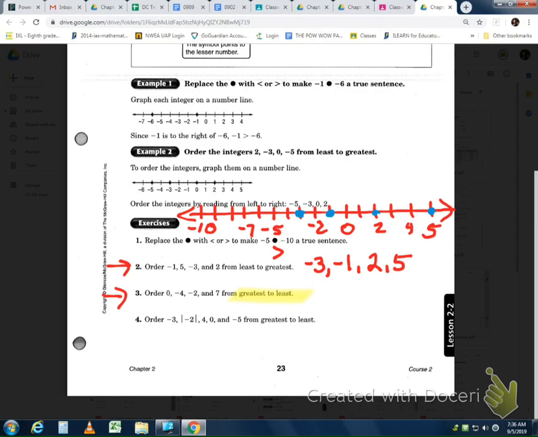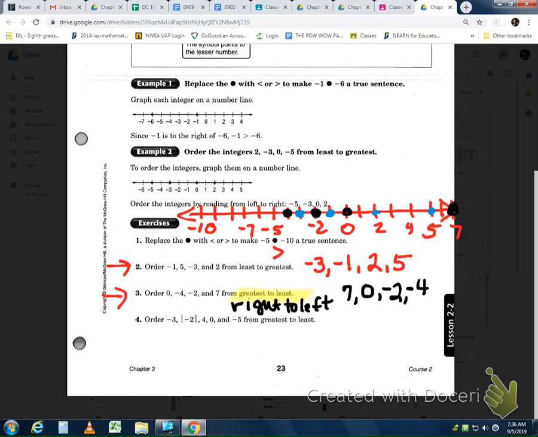So we've got 0, -4, -2, and 7. I don't even have enough on my graph for that, so let me add a couple over here, and we'll put the dot at 7. It says from greatest to least. Greatest to least would be right to left, and that would make 7, 0, -2, and -4.